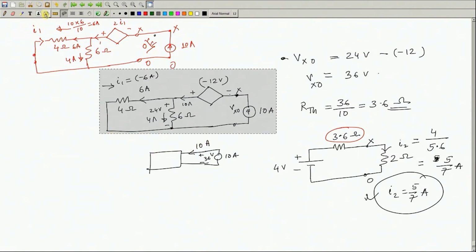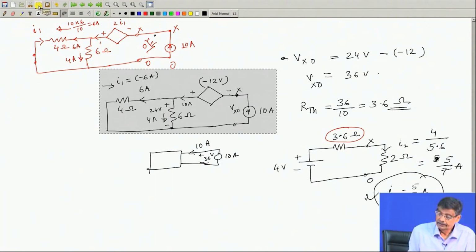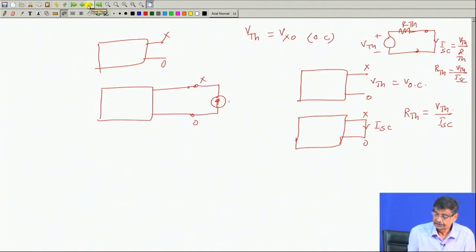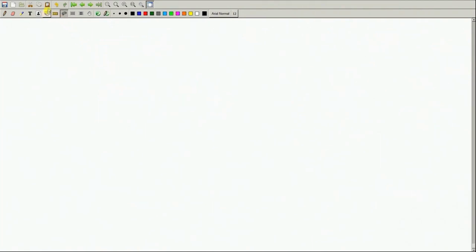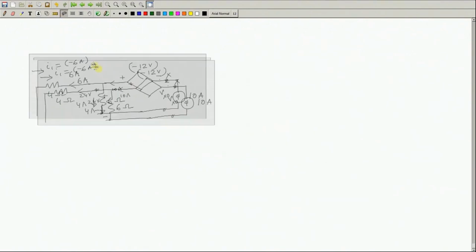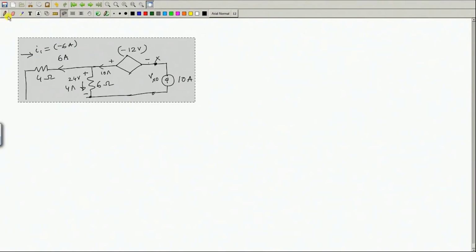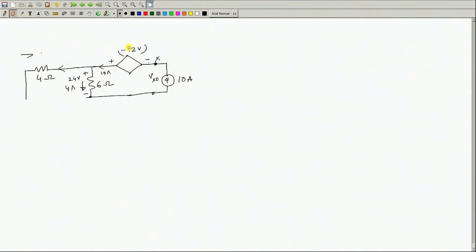Let me copy this and go to the next page and paste it. So, this was the original network. This you erase, I do not know anything about this.